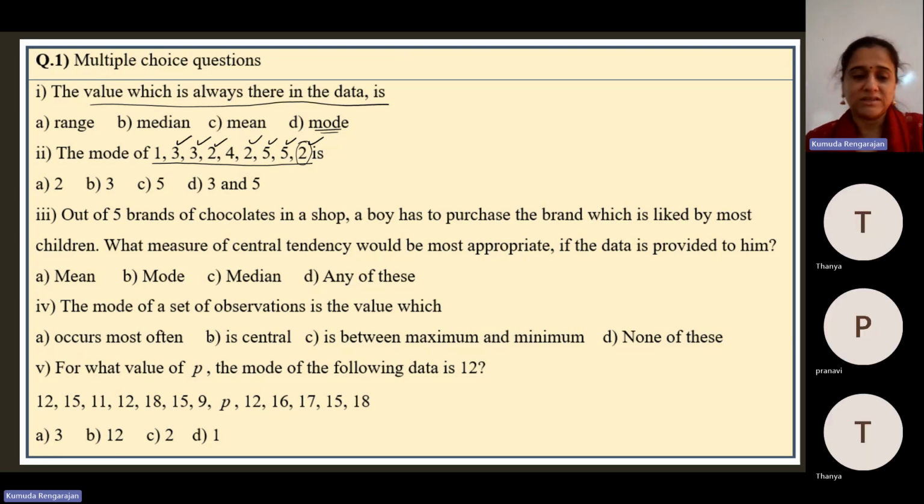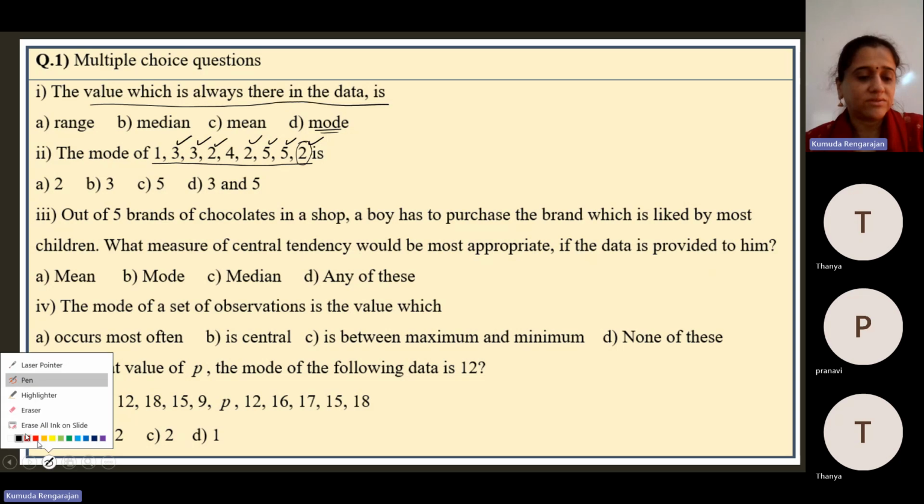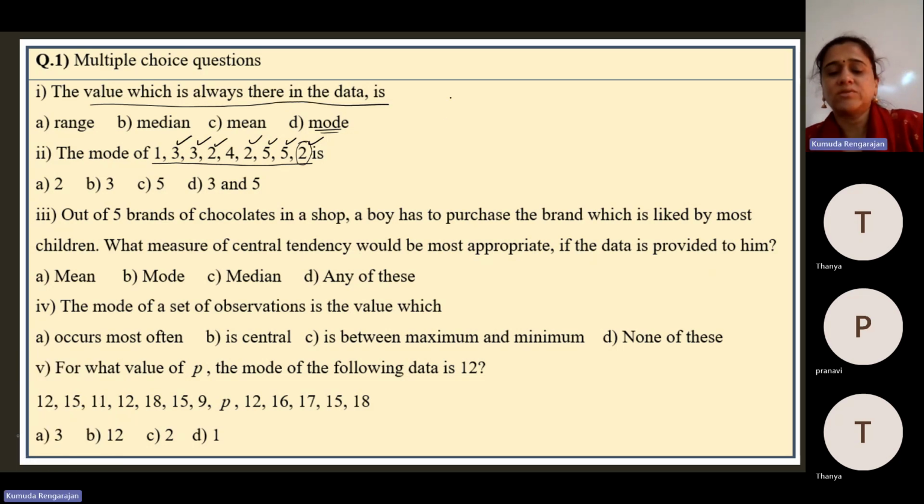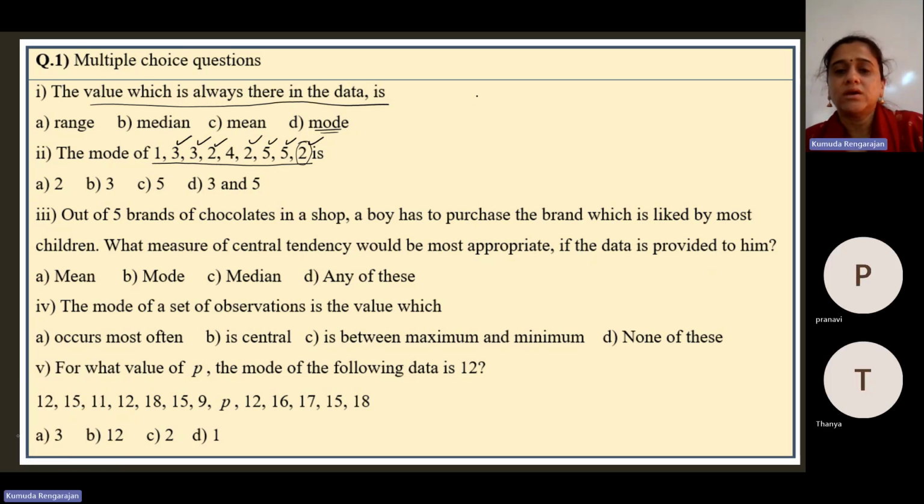Median, see, in this case, now supposing we have to find the median of 4, 1, 0, 10, and 12. So how do you find the median of the data? To find the median of the data, we need to arrange the data in the ascending or in the descending order. For the others, you don't have to arrange.